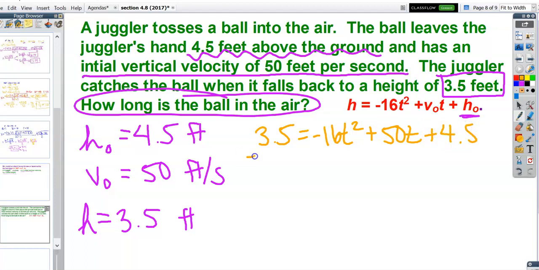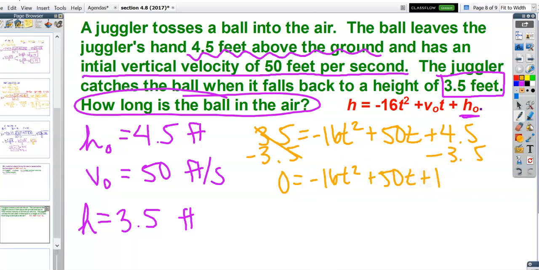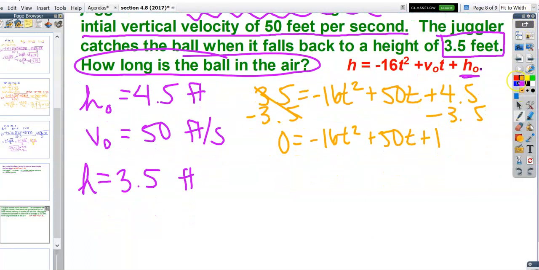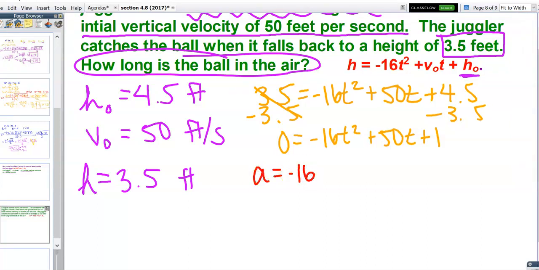We need to set one side equal to 0, so we're going to subtract 3.5 from both sides. So we'll have negative 16t squared plus 50t plus 1. So now we're just going to use those steps for using the quadratic equation. A equals negative 16, B equals 50, and C equals 1.